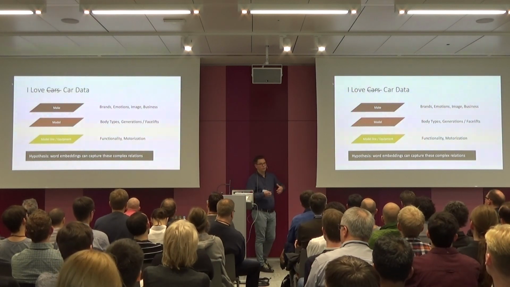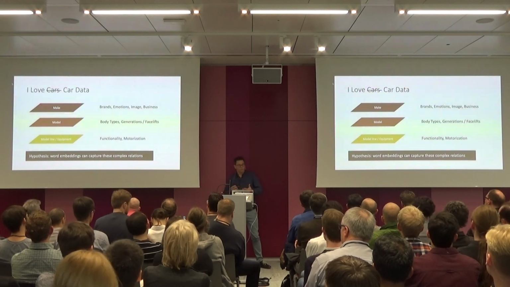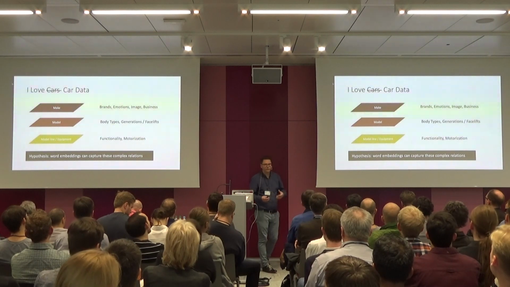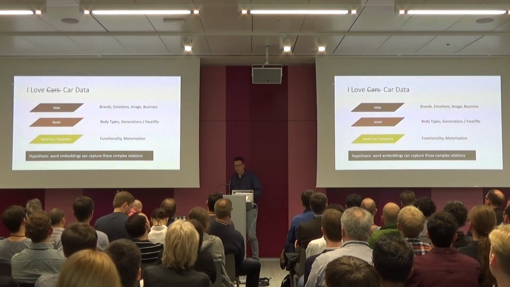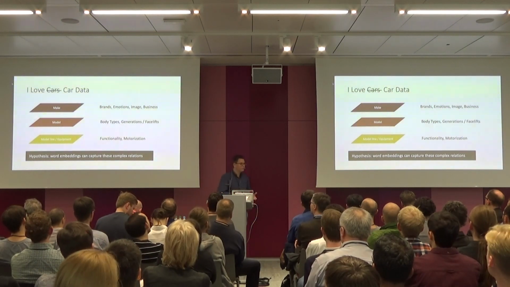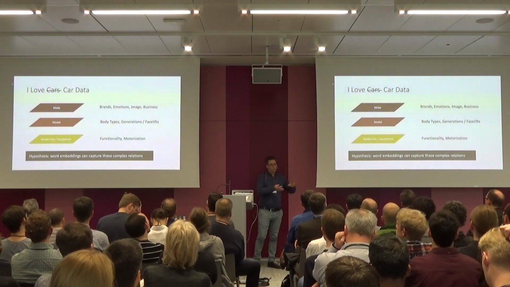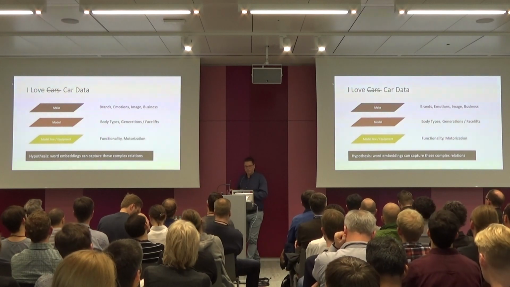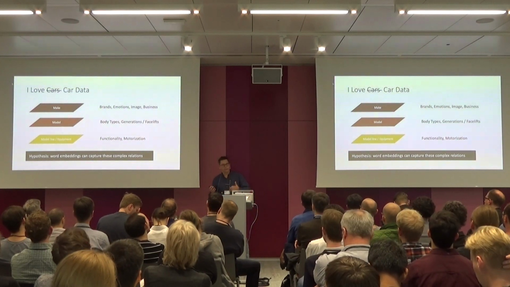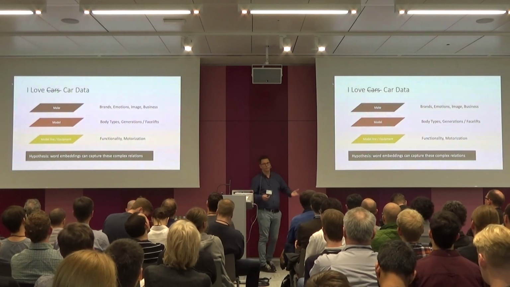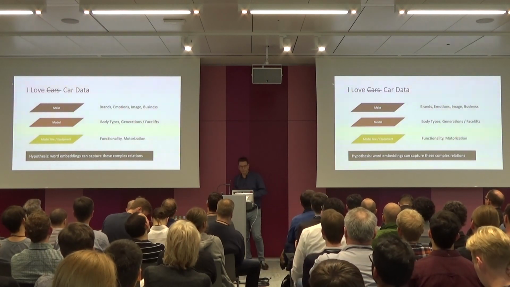On the one hand, when you talk about cars and you talk about makes, then it's very emotional. It's some kind of status. It's the images you have in mind and everything like that. When you talk of a certain model, you still have some of this emotional layer, but there's more to it, like generations, facelifts, functionality, body types, and stuff like that, which is all related to the car model.